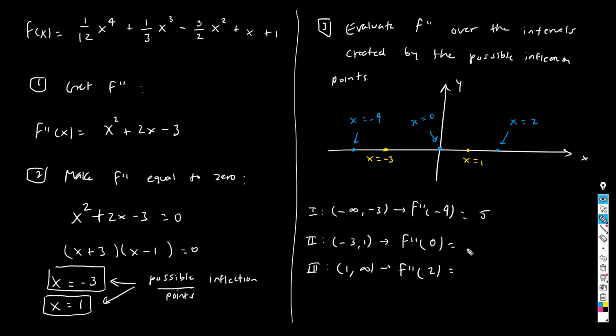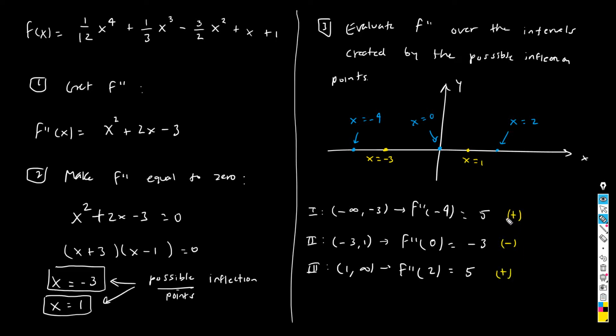In here we're gonna get minus 3, and in here we will get 5 again. This is just a coincidence, okay? 5 and 5, just a coincidence. Okay, so what can we observe? That the evaluation of the second derivative over these intervals is positive, and then negative, and then positive.